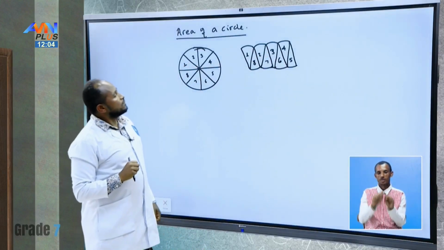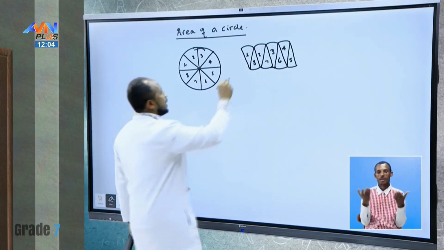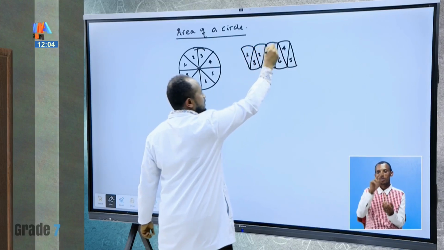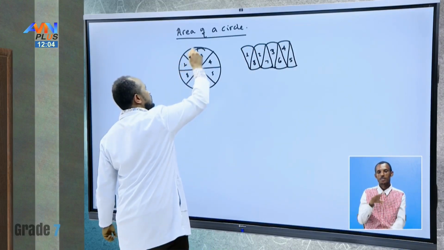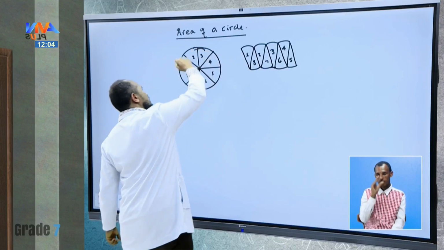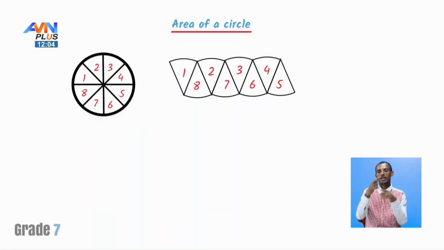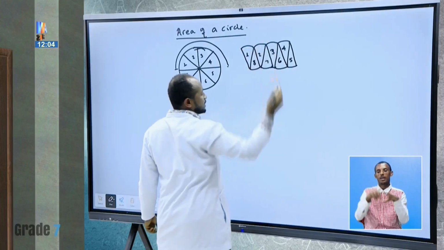So from this, you can see one thing. Look, this curved part, 1, 2, 3, 4, is equivalent to this one, 1, 2, 3, 4. So this upper curved part is equivalent to this length, which is half of the circumference. Therefore, this length is half of a circumference.